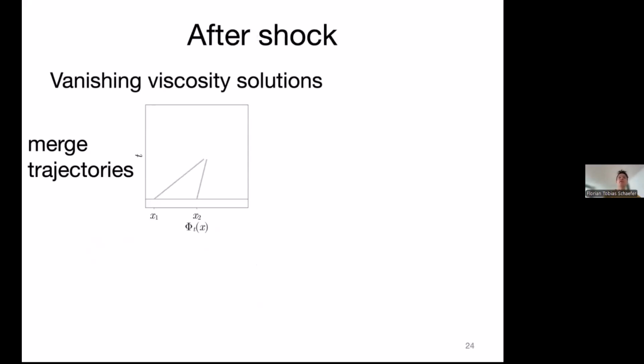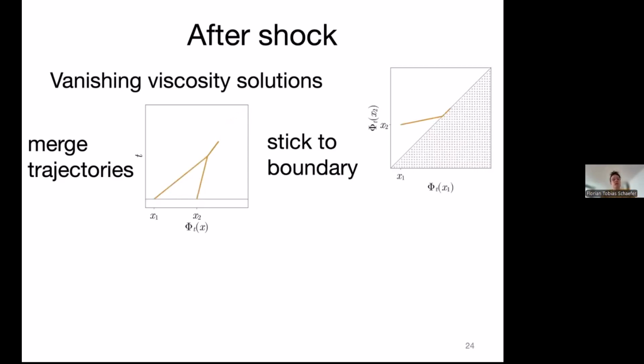Now, what happens after the shock in a vanishing viscosity solution? In the first perspective, on merging or colliding characteristics, it turns out that particles collide, dissipate the maximum amount of energy, and, governed by conservation of momentum, merge with each other. In the second perspective, we basically reach the boundary of our diffeomorphism manifold and then slide along it.